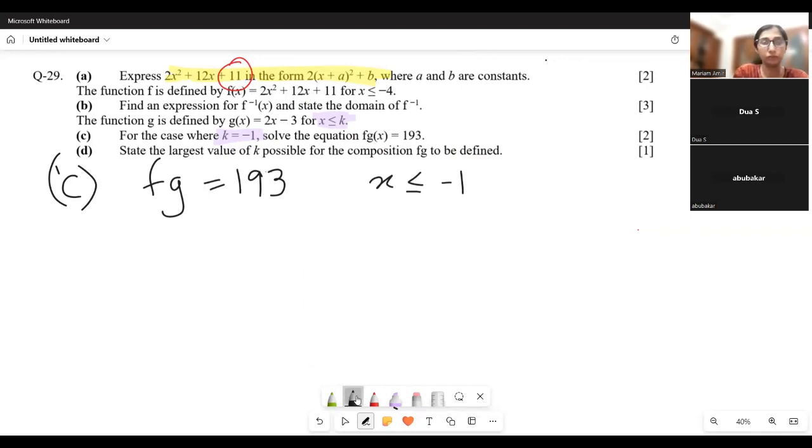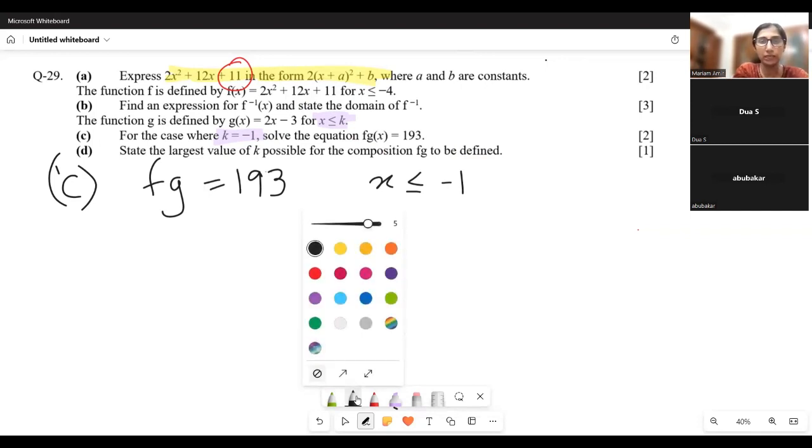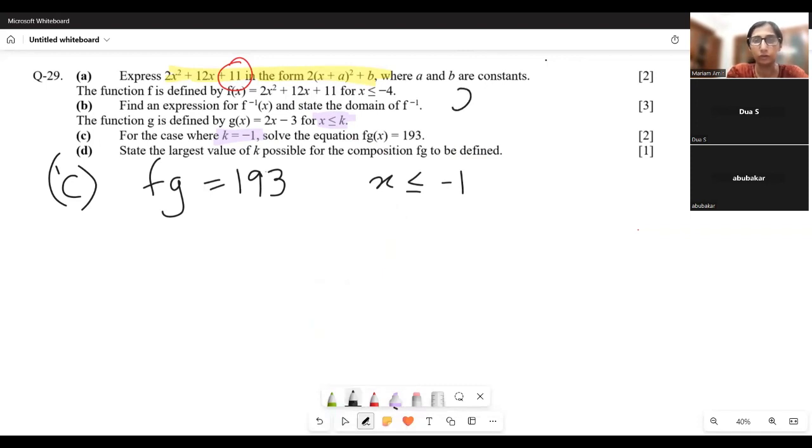Okay, now for fg, we input g in f. So we do need the previous answers. क्या था ये 29 का first part का answer 2x plus 3 whole square minus 7. Oh, so मजा आ रहा है.